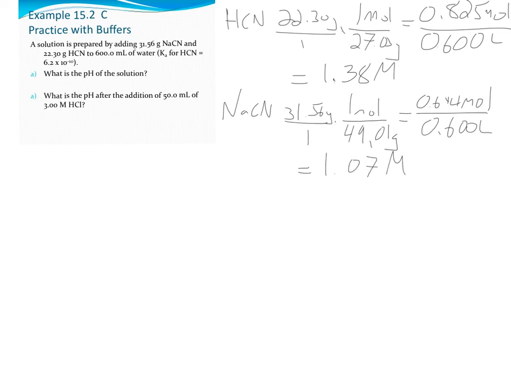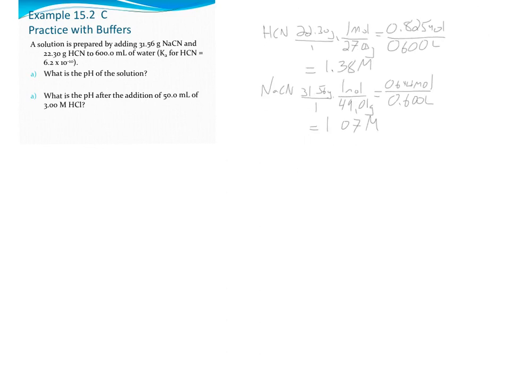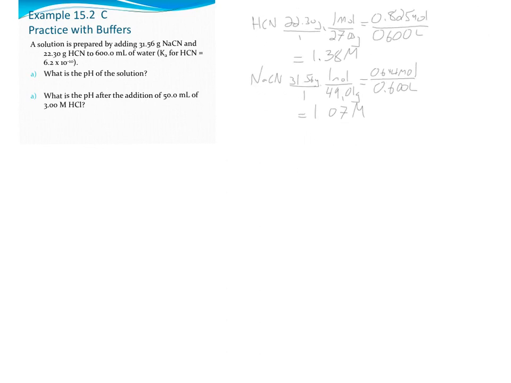Okay. So from there we can go either into the K expression, I'll do both, or into Henderson-Hasselbalch. So we use those molarities, and the first one would just say, okay, we have HCN dissociating into H plus and CN minus. We have 1.38 molar of HCN, and we have 1.07 molar of the cyanide.